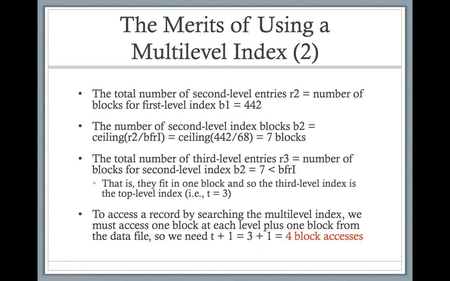So in total, 4 block accesses, versus a linear search on the table if I didn't have this type of index, or a binary search on 442 blocks if I had only the first level secondary index without the multi-level indices. So a huge improvement in performance because of multi-level indices.